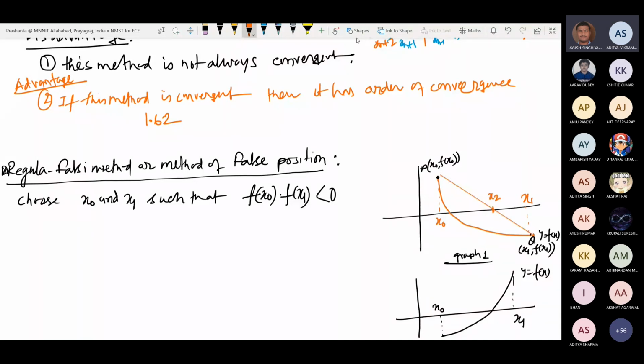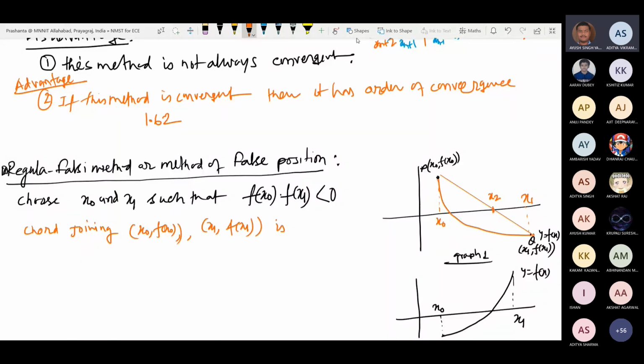So tell me the formula for x2. What is x2? The chord joining x0 comma f of x0 and x1 comma f of x1, what is the chord?